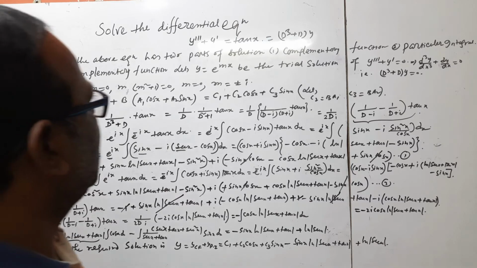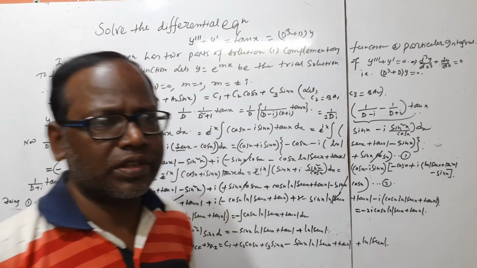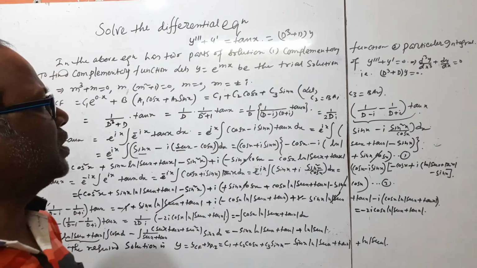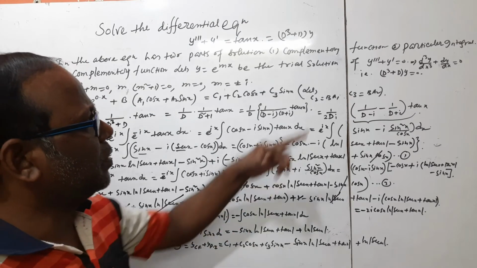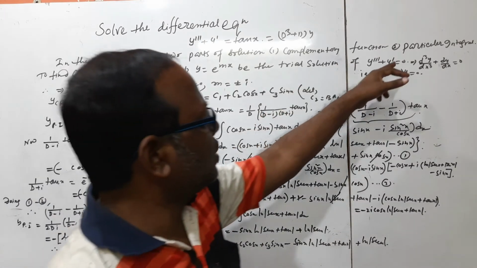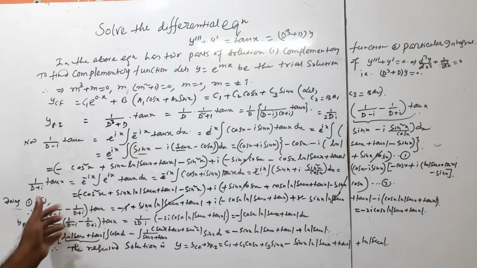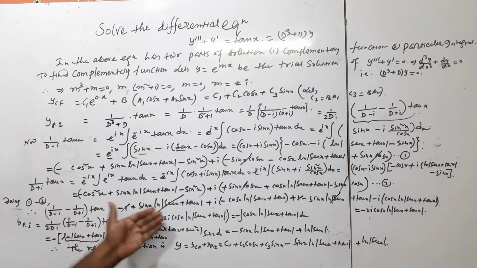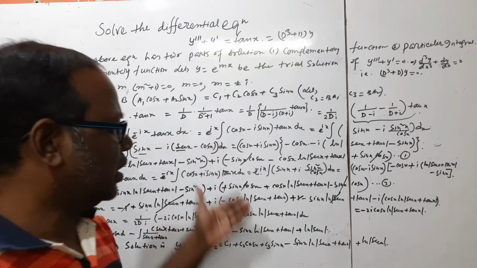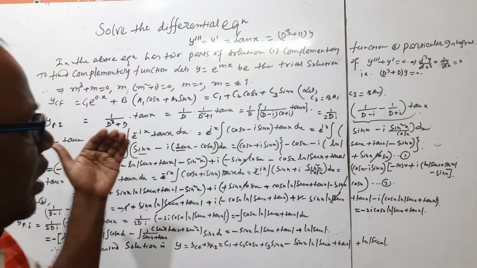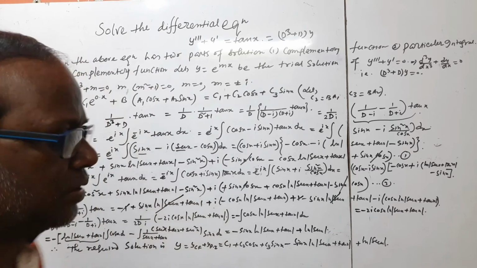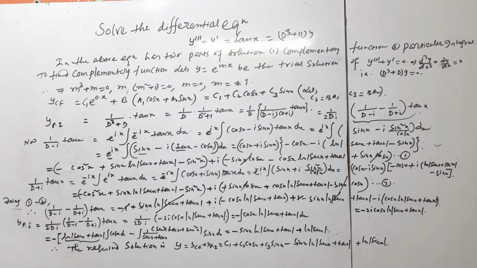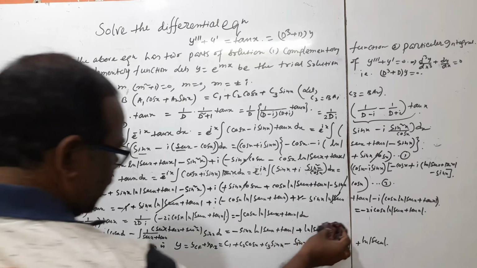Okay, this is the linear differential equation of constant coefficient, and the solution has two parts, the complementary function, and second is the particular integral. This is the very important calculation to see carefully. Now I am solving this problem again with the help of variation of parameters. So second method.